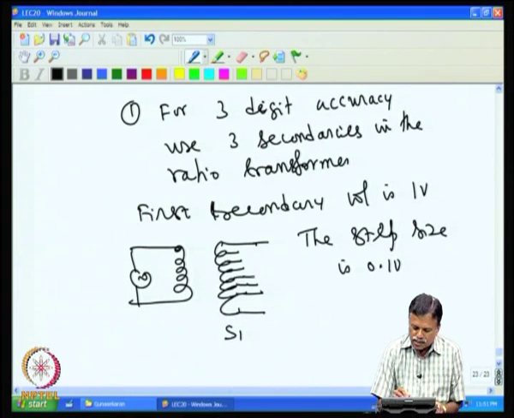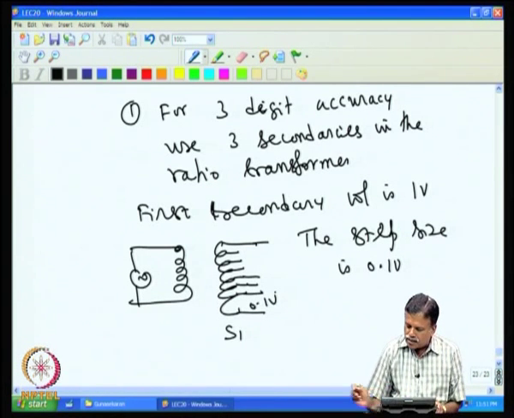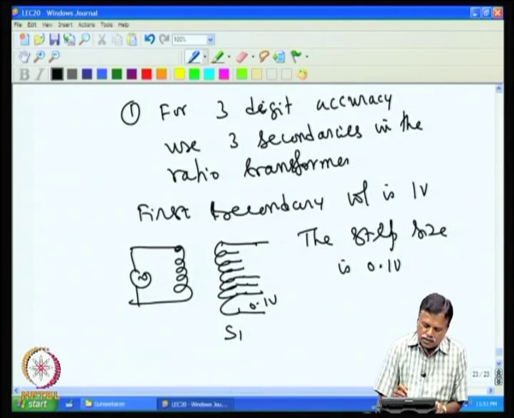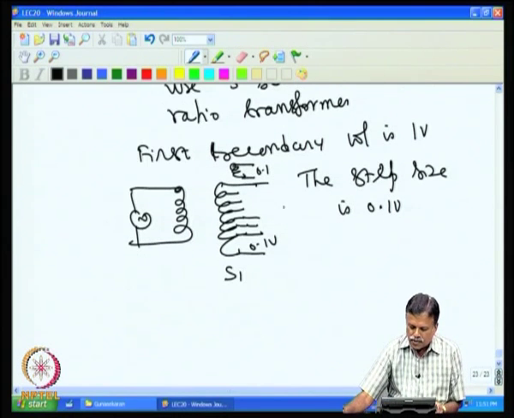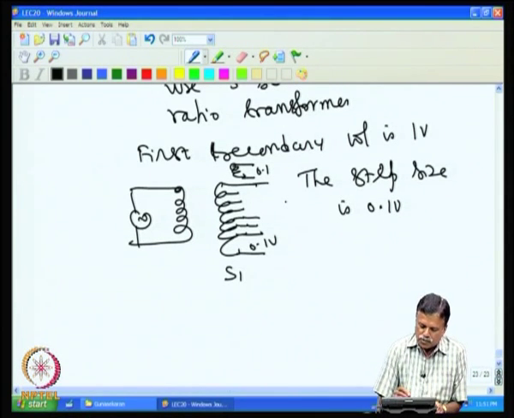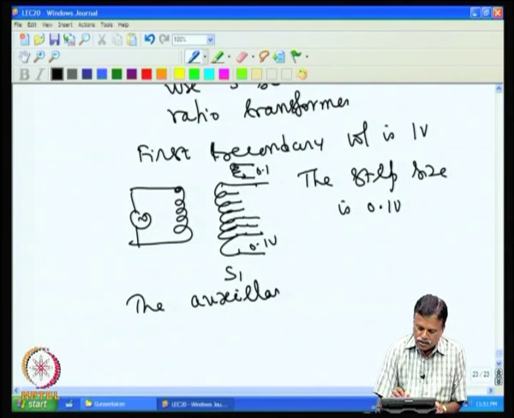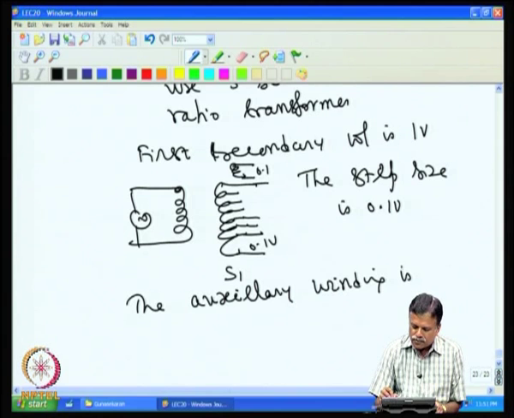So, each turn is having 0.1 volt. Then another 0.1 volt winding is added, step size is 0.1 volt. The auxiliary winding is having 0.1 volt.